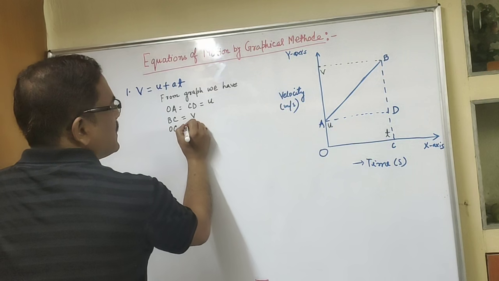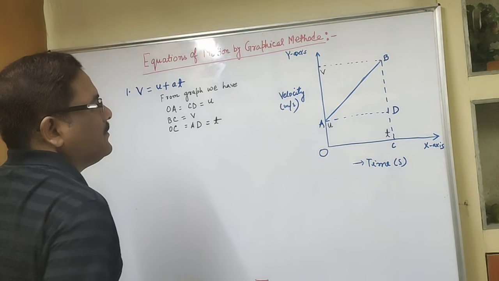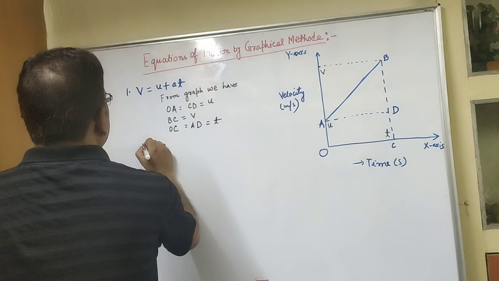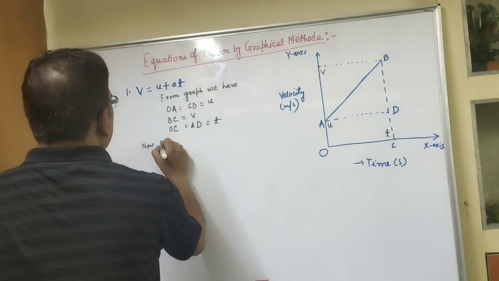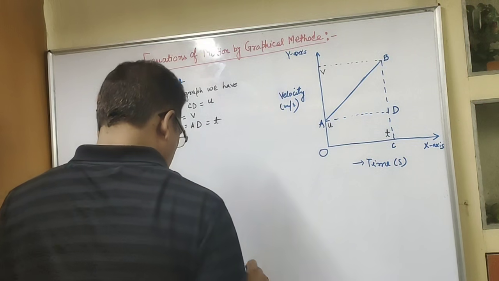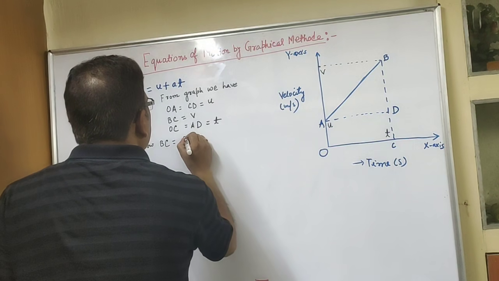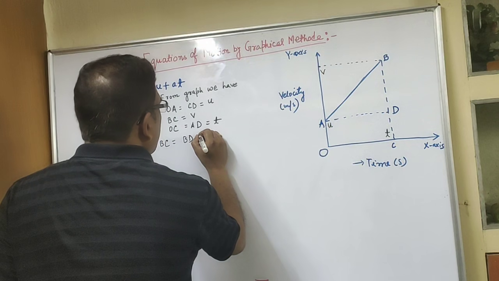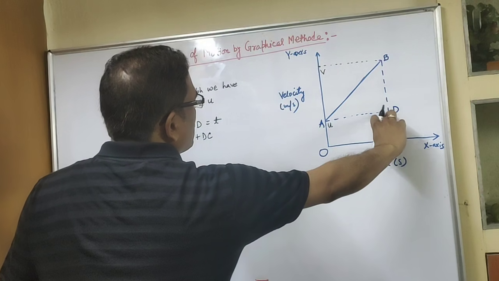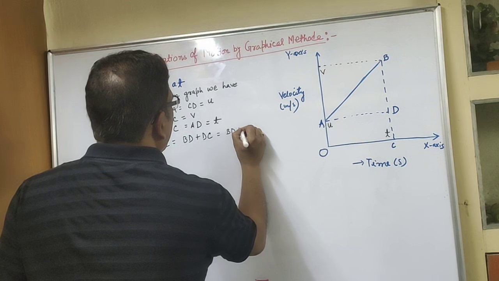Now OC = AD = t, isn't it? Now BC can be written as BD plus CD, BD plus DC. Now this CD or DC is equal to OA, so we can write it as BD plus OA.